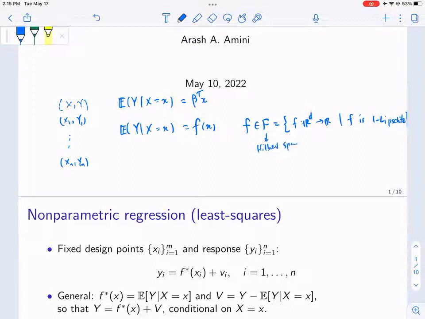what you can do is assume that there is a basis, and I can write f as a linear combination of these basis functions.